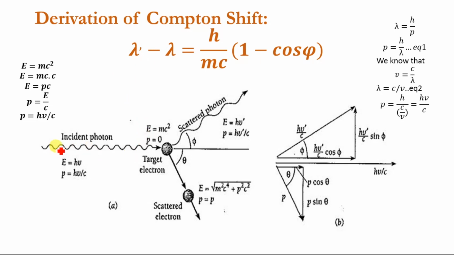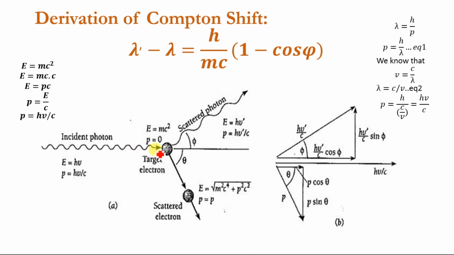Let's consider this is the incident photon, this is the scattered photon, and this is the electron after collision. Initially, we assume that the electron is at rest, and we assume that the incident photon is like a particle.